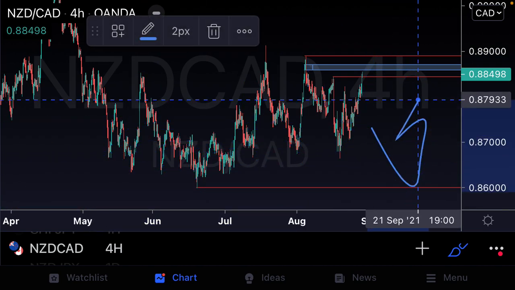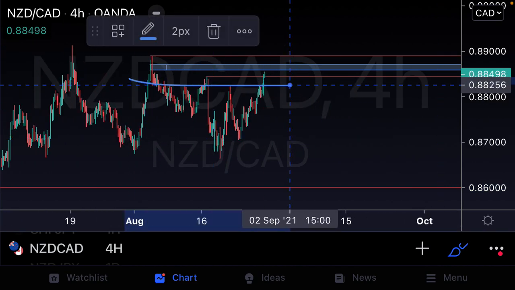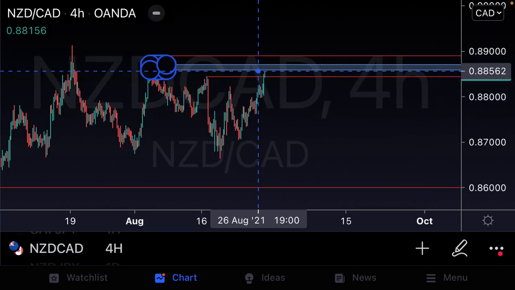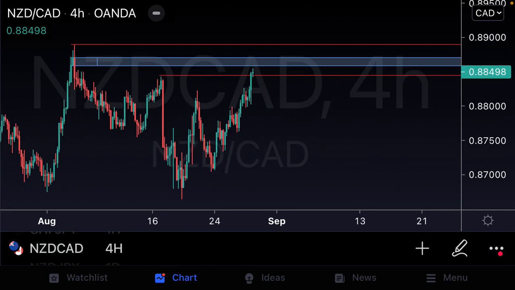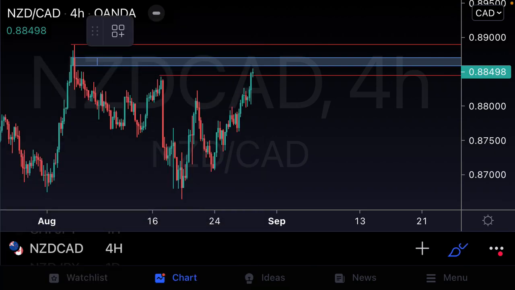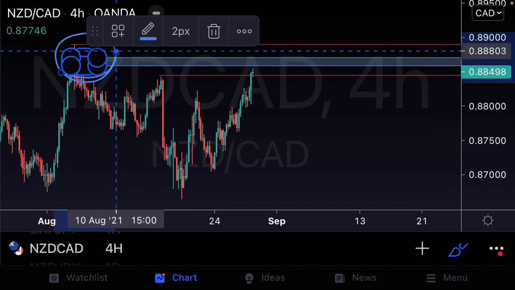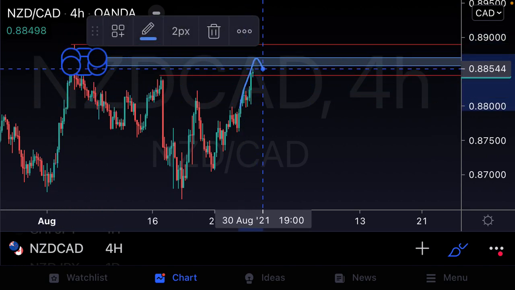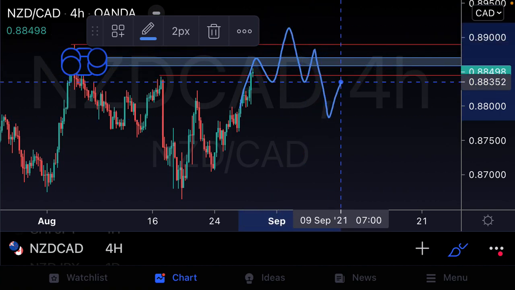So what we're going to do, guys, is treat this market like a range, like what it is, and we're going to be looking for those selling probabilities from the high of this range, guys, and buying probabilities from the low of this range. That is how we treat our ranging market. And because we're looking for selling probabilities from the high of this range, over the course of next week, guys, we're going to be looking at the structure development on New Zealand dollar CAD, waiting for that bearish bias structure.